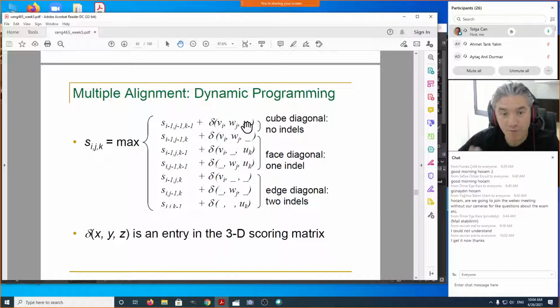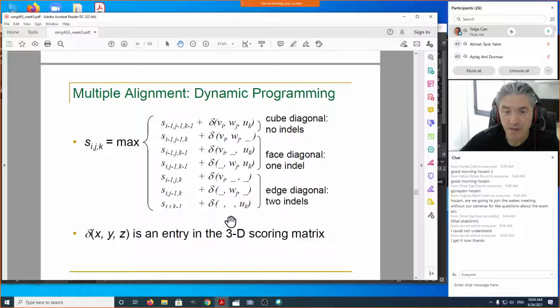What is the score of that single column where one of them is this character, the other is this character, and the third is this character? What happens if 2 of them are a gap? So the right hand side is just a lookup table, and the left hand side is our regular 7 different choices that can precede this.